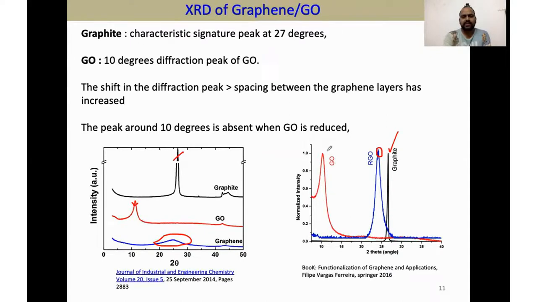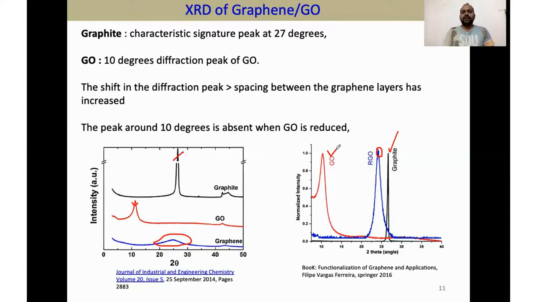Even if you have graphite and you try to exfoliate it to make graphene oxide layers, and again make it into powder form and do the XRD analysis, you can have an idea whether graphite is converted into graphene oxide or not, because the difference in the XRD peak will be there. So I hope this gives a very clear-cut idea about the differences in the XRD pattern of these three different materials. Though the materials are the same, the structures are different.